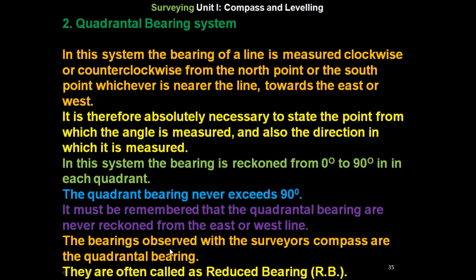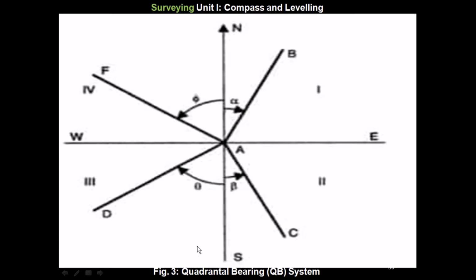The bearings observed with the surveyor's compass are the quadrantal bearings. They are often called as reduced bearing. It is denoted by RB, capital RB. Now here we can see figure 3, quadrantal bearing system. The north, the south, the east direction and the west direction. So the angle made by the line AB is alpha here with respect to north towards east.